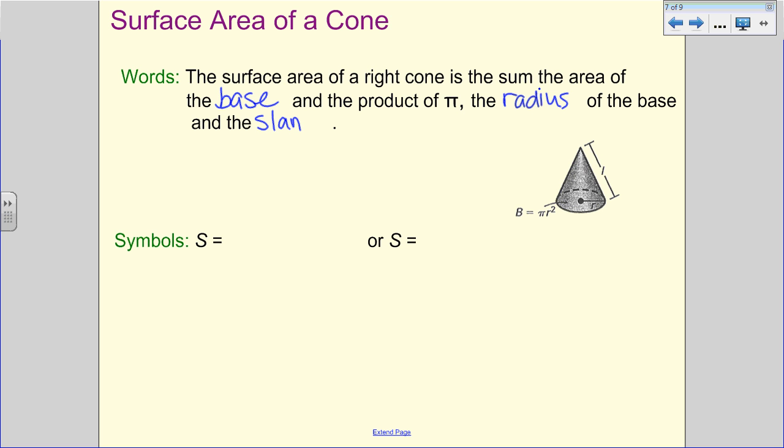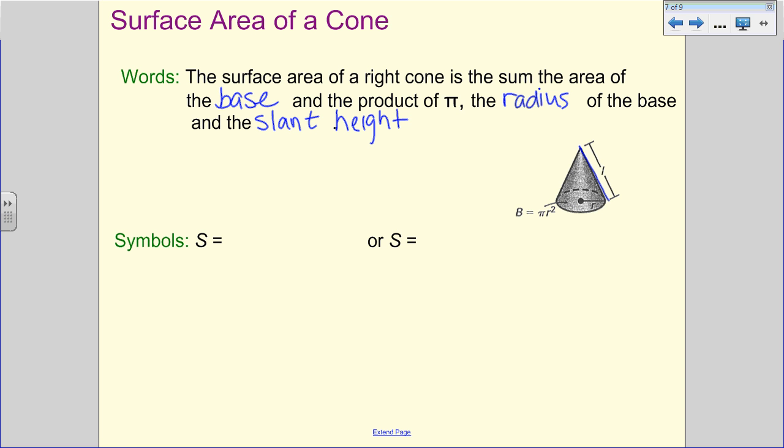Because we're talking about surface area and we're covering the outside, we're talking about this outside height, this slant height of the cone. When we look at the cone directly from front to side, it almost looks like it's an edge of that. So that's the slant height.